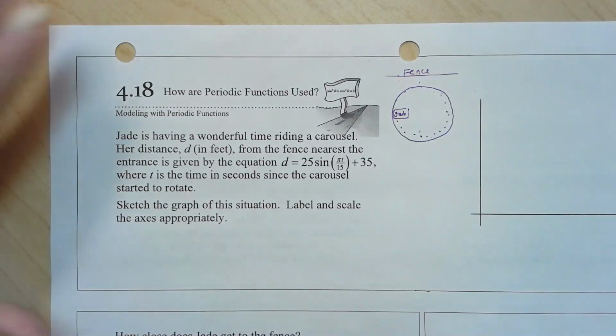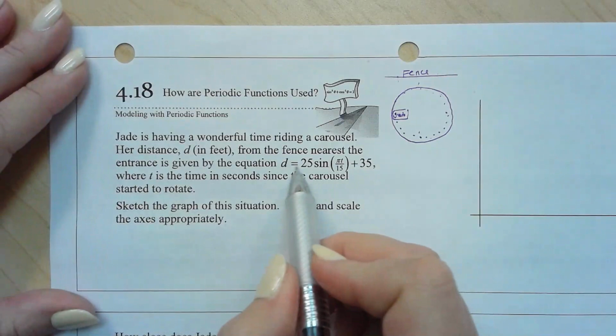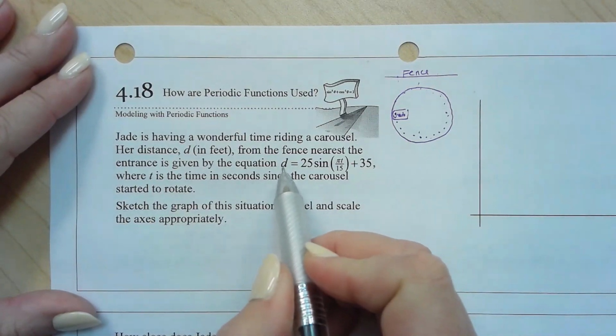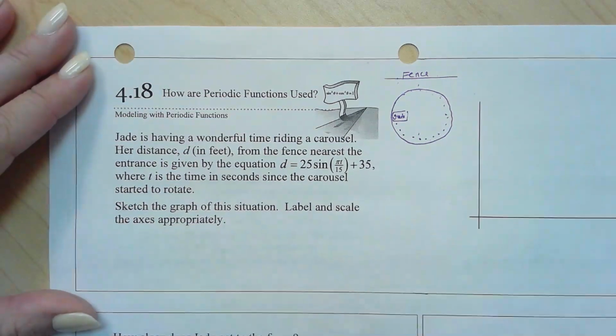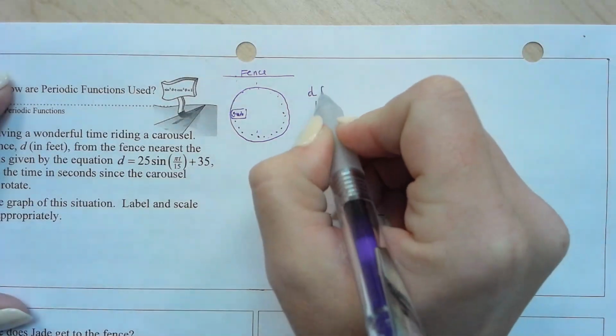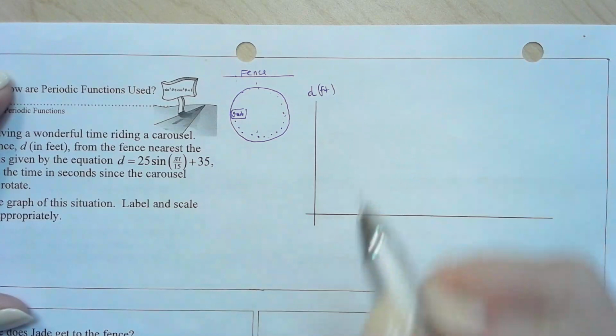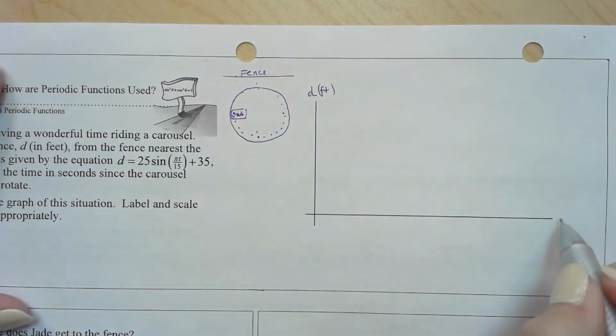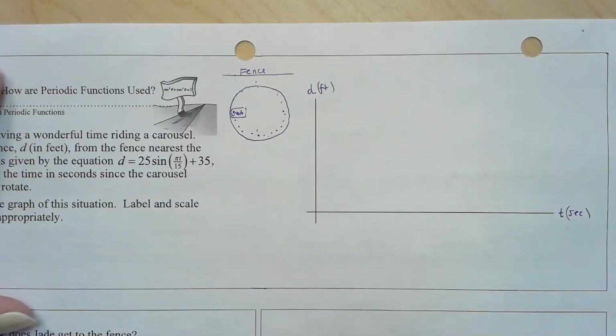All right. So I don't think we need a calculator to graph this because I think the numbers work out pretty well. Instead of using y's and x's, they're using d's and t's. So as I go to graph this, we've got our y is our d, which they said distance from the fence is measured in feet. Time is measured in seconds.